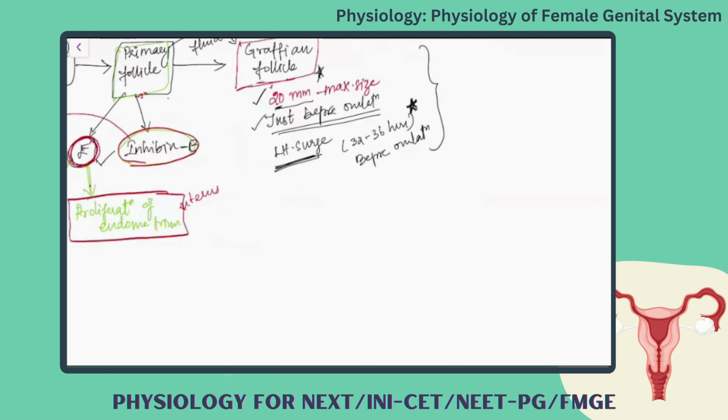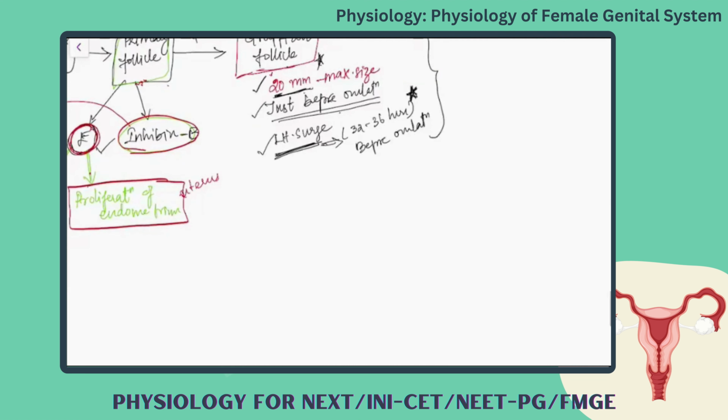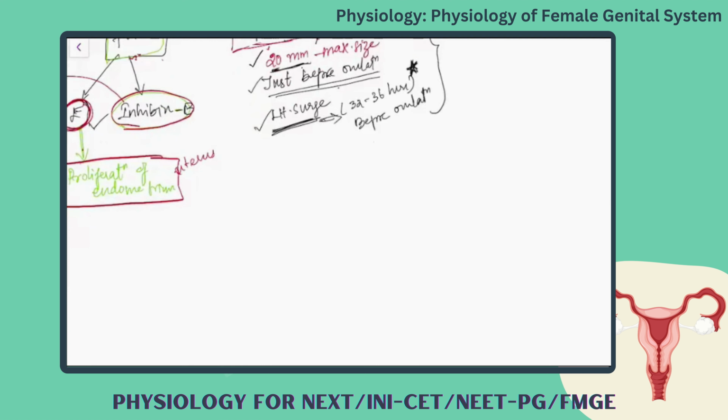Clear? So, listen carefully. The maximum size of the Graafian follicle is 20 mm, and this is happening just before ovulation under the influence of the LH surge. The LH surge is seen only 32 to 36 hours before ovulation, and this LH surge is due to the influence of estrogen.